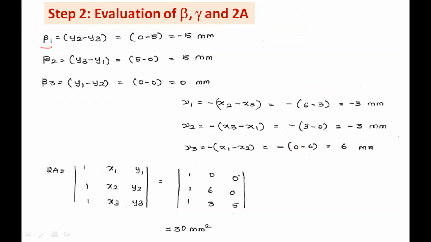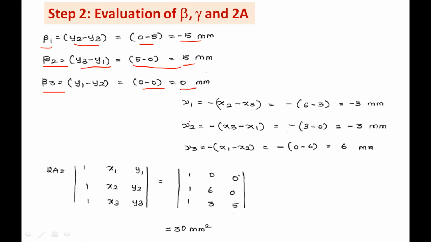So evaluation of beta, gamma and 2a. Beta 1, we use the expression y2 minus y3. Substituting the values, we get minus 5 mm. Beta 2 is y3 minus y1, which gives 5 mm. Beta 3 is y1 minus y2, and here we get 0 because of the horizontal side.